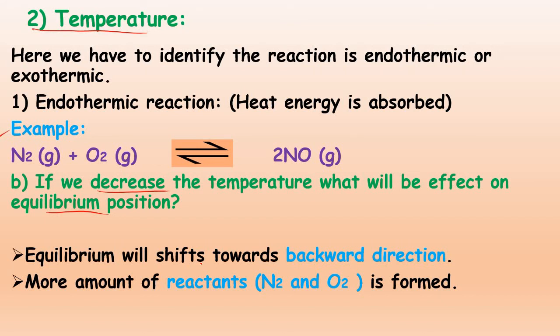If we decrease the temperature in this endothermic reaction, the equilibrium will shift towards the backward direction, and more reactants are produced. So this is the point related to the second idea, where we decrease the temperature in an endothermic reaction.